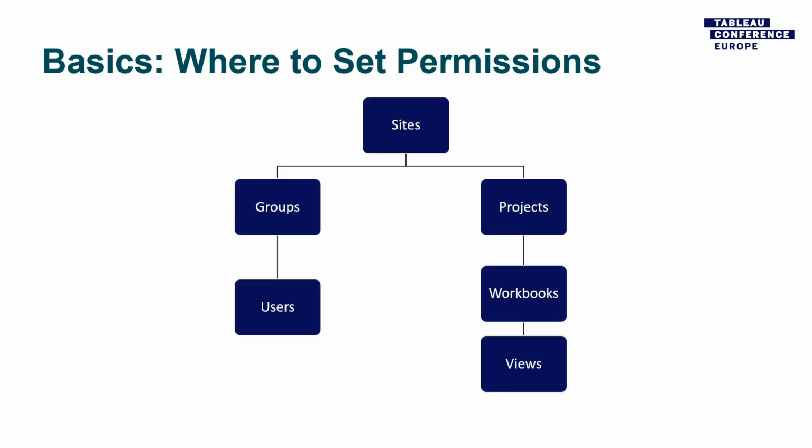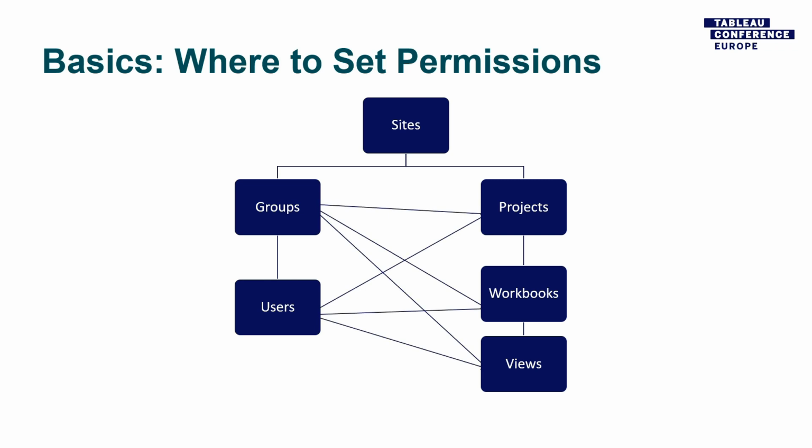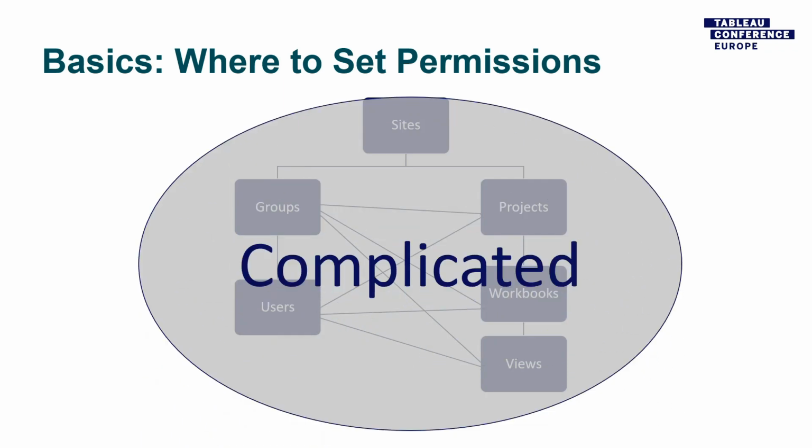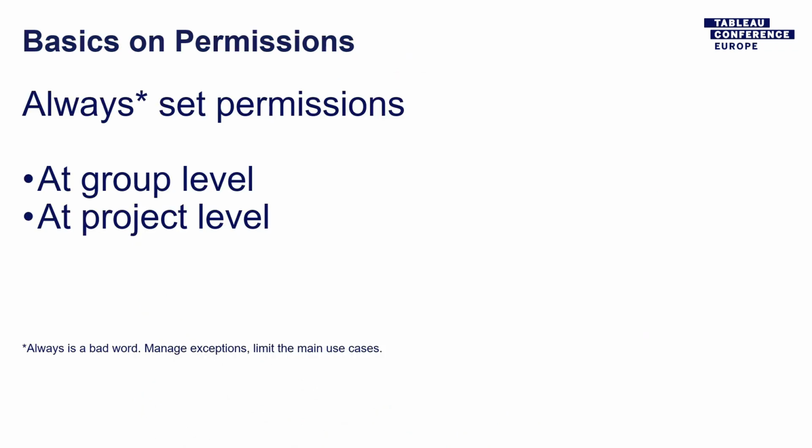What you generally find is people are trying to build specific rules that connect specific users to specific content, to specific projects, and you create potentially hundreds of rules that are, A, hard to surface and see within the tool, but also extremely hard to manage. So as a golden rule of Tableau, and this has pretty much always been the case, move away from a complicated ad hoc structure and make sure that you're always setting the permissions at the group level or at the project level.